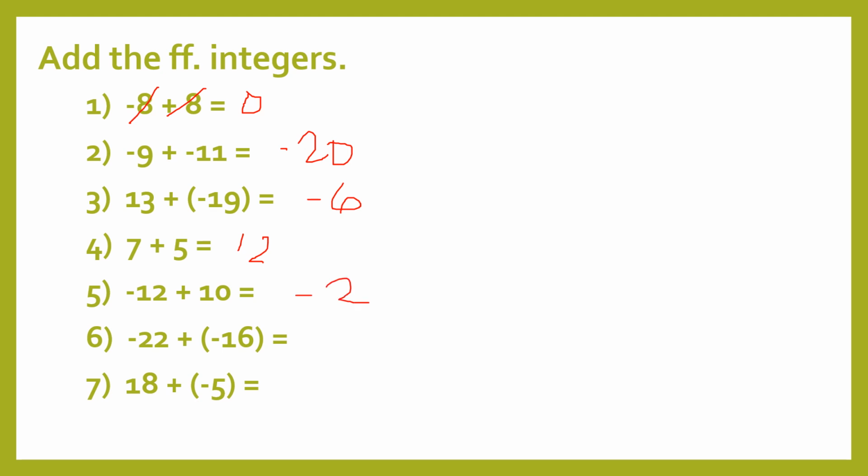Negative 22 plus negative 16 is negative 38. And number 9, we have 18 minus 5, that is 13.